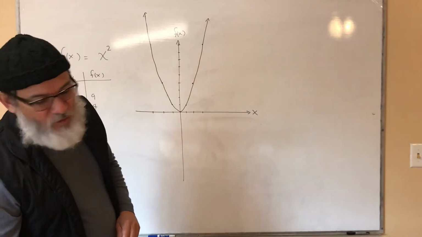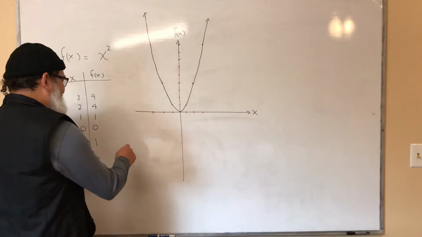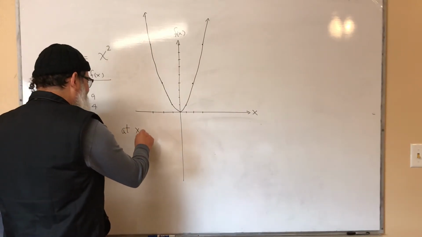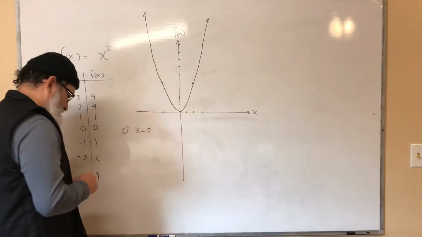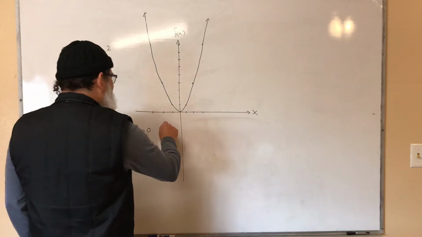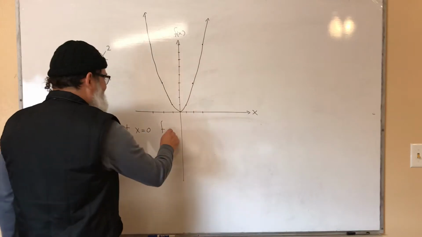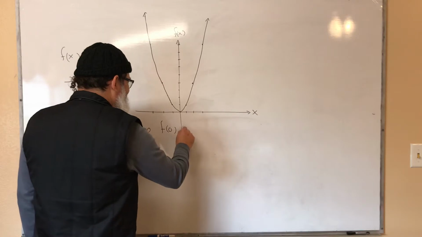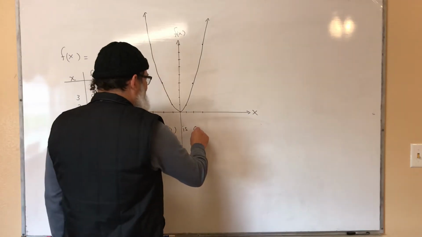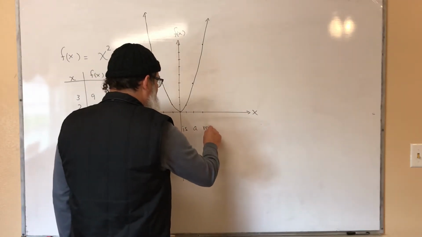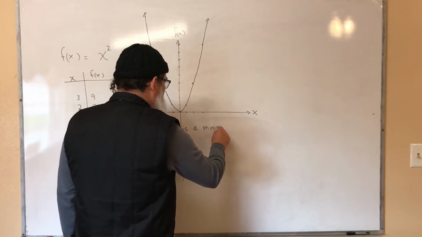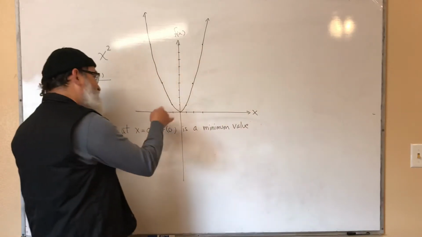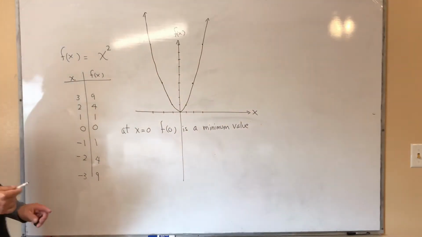So therefore, at x equals 0, f of 0 is a minimum value for this function. Okay?